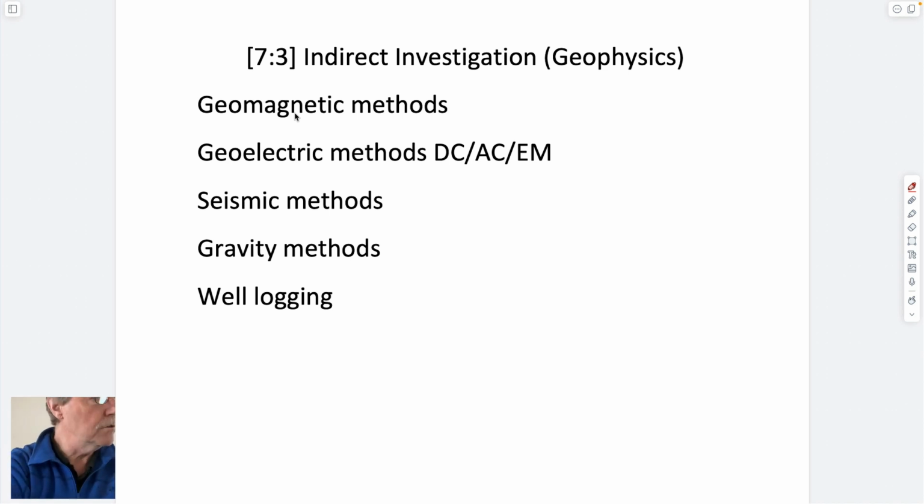So we talked about each of those. Of those, only rotary coring intrinsically recovers a sample, which we'd like to have. That was 7.2, we talked about sampling. So rotary coring would give us samples directly.